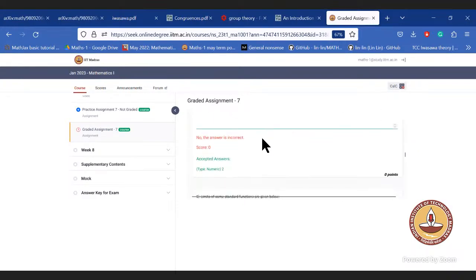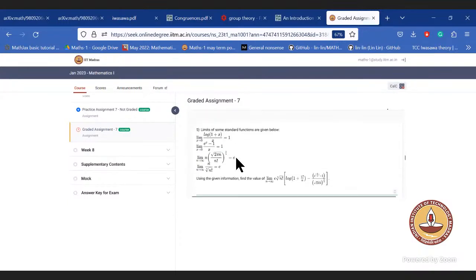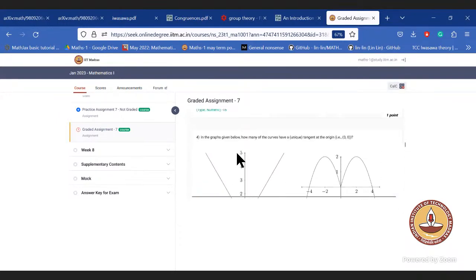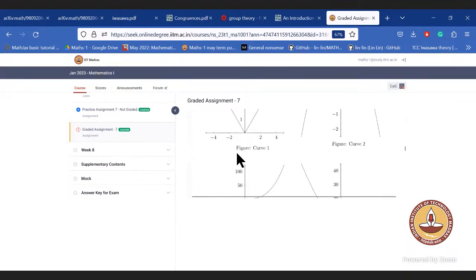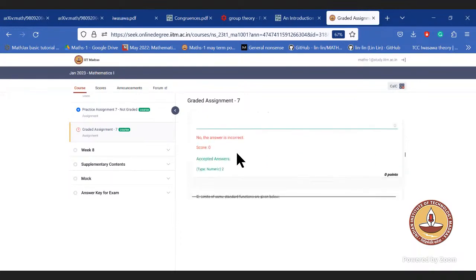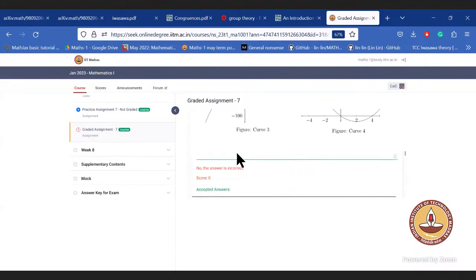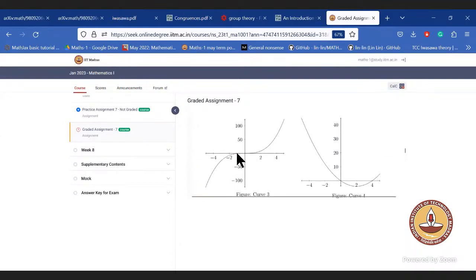Yes, sir, 0 points. I think for everyone it has come as 0 points, even if the answer is right or wrong. It's there at the bottom of the question, in the right hand corner. So I was wondering if there's a mistake in the question. The answer is 2 itself, right?